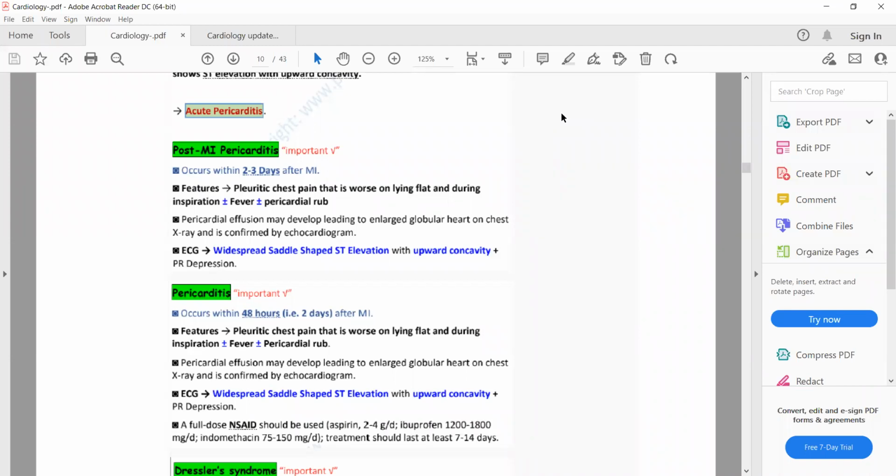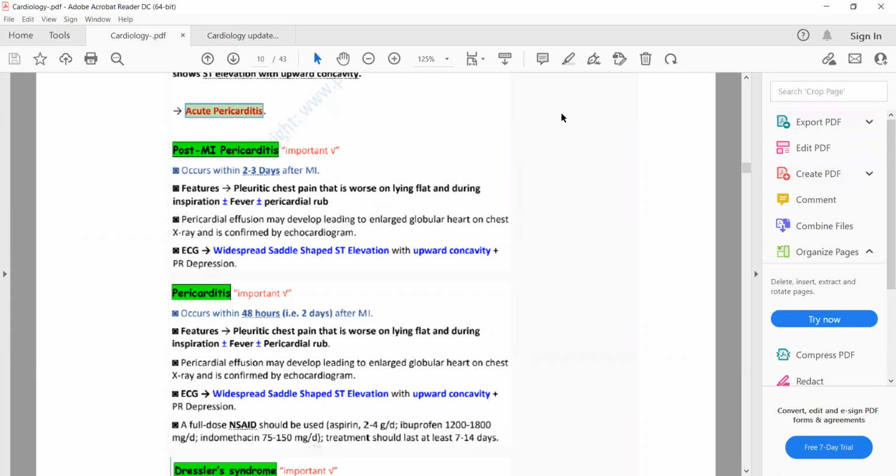And they should be given for at least 7 to 14 days. So pericarditis can occur as a complication of MI after 24 hours.